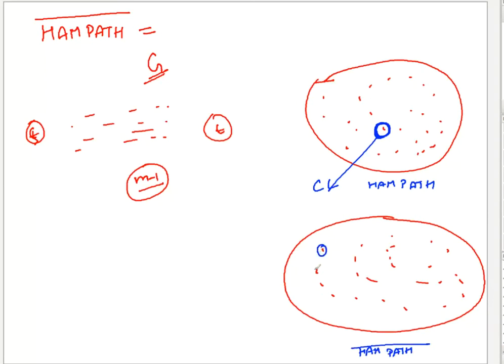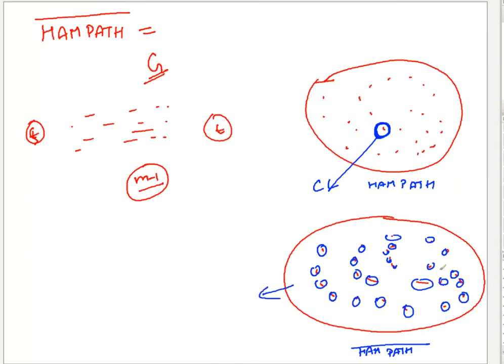You must visit every single instance and prove that none of them is a Hamiltonian path. So here the certificate is a single path of length m minus 1, which is a Hamiltonian path, but for Ham path complement you have to give the certificate as all paths of length m minus 1, none of them being a Hamiltonian path. That is why we cannot have a polynomial time verifier for Ham path complement.